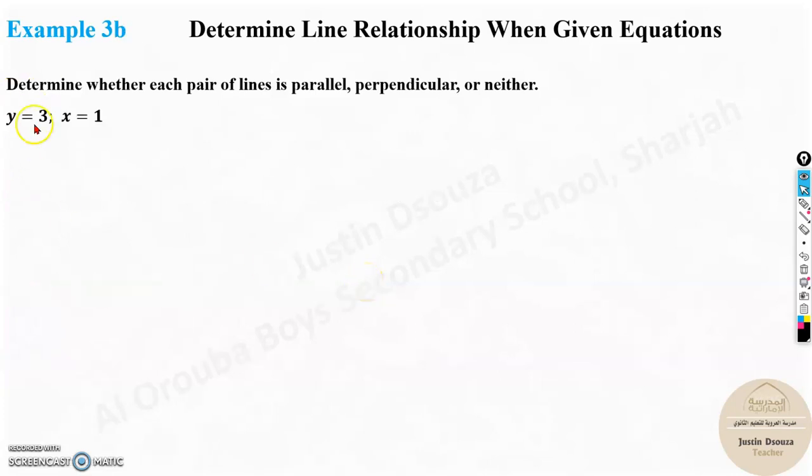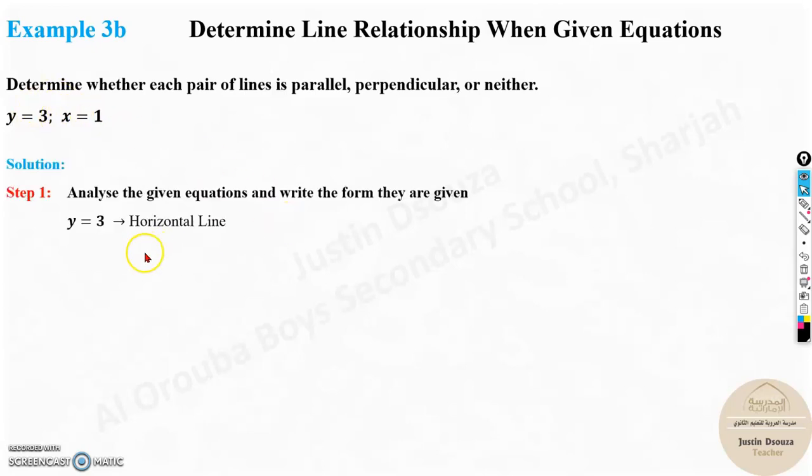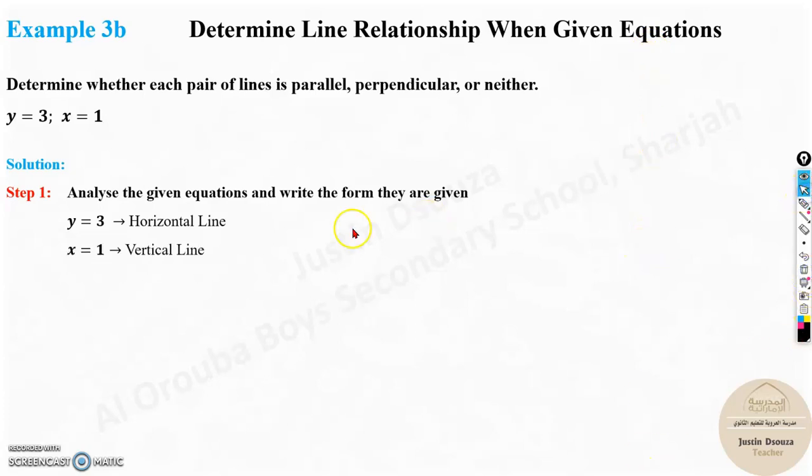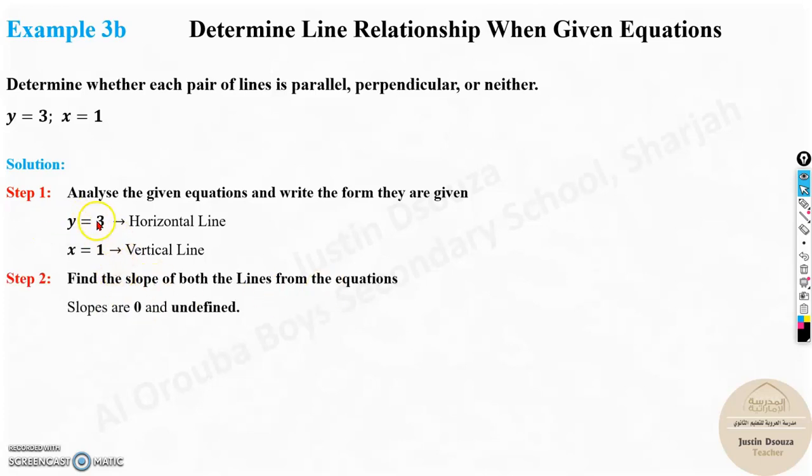Now next one, another problem. We have got y is equal to 3 and x is equal to 1. So now this is a horizontal line. Whenever y is equal to 3, that means it's at 3. This is a horizontal line, and x is equal to 1 is a vertical line. So over here we have a horizontal and a vertical line. Then we need to find the slope. In the first case, the slope is 0.